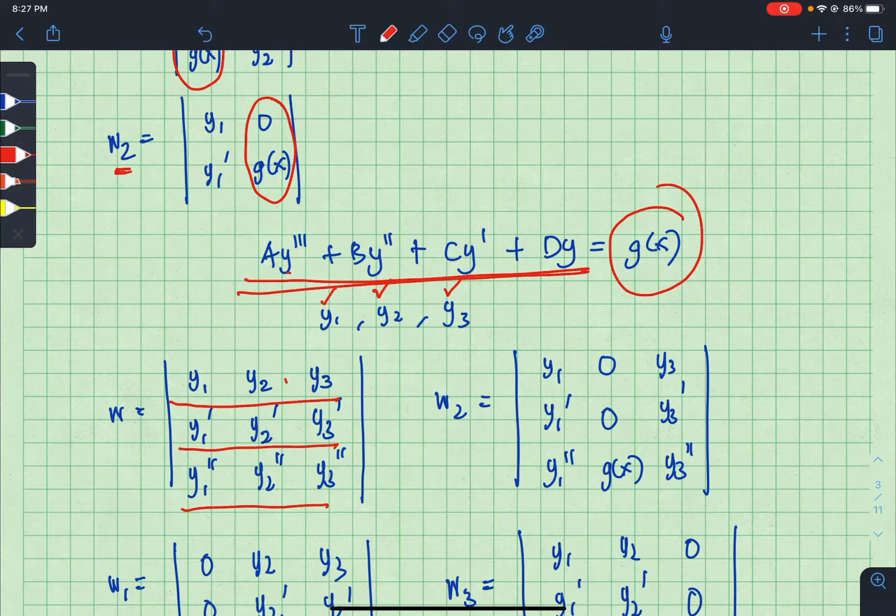Our g of x is e raised to x over 1 plus x squared. And then we're just going to write down our second row, that is x e raised to x, and the other one is x e raised to x plus e raised to x.